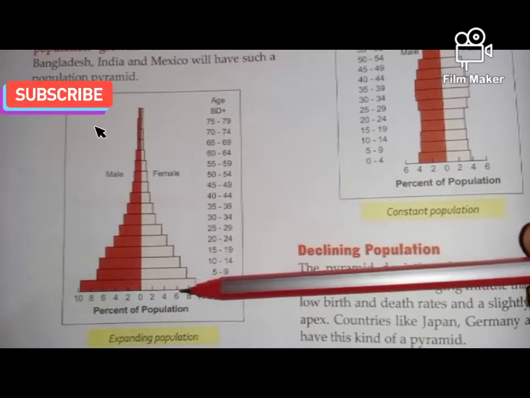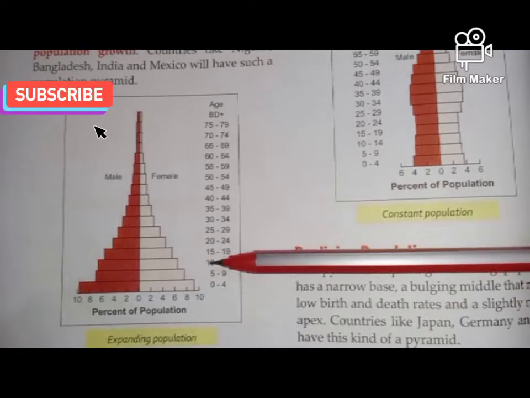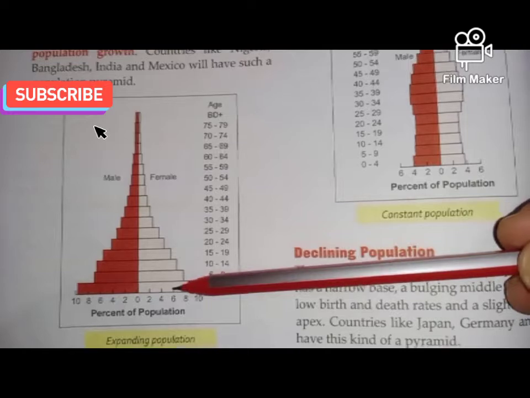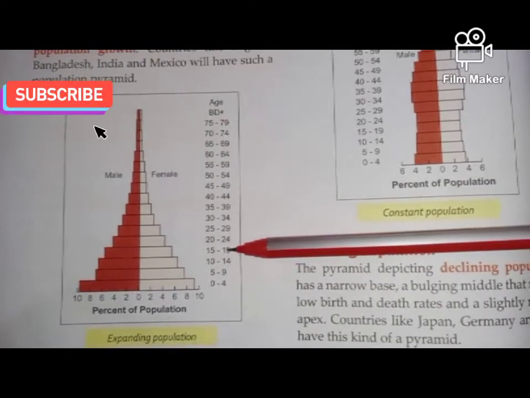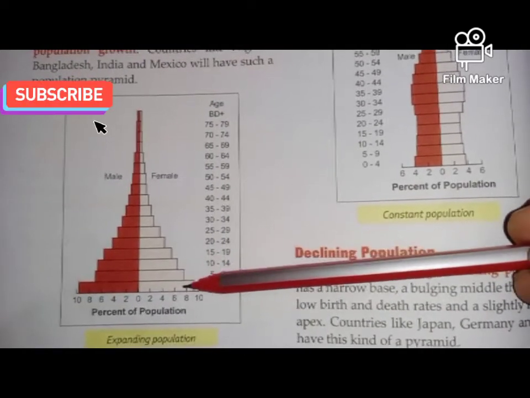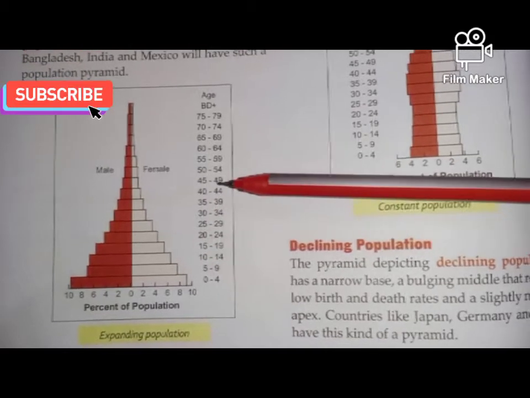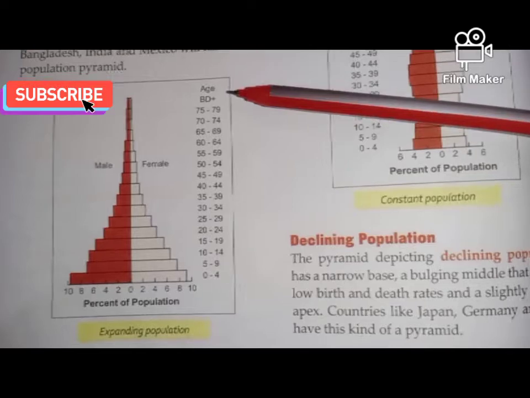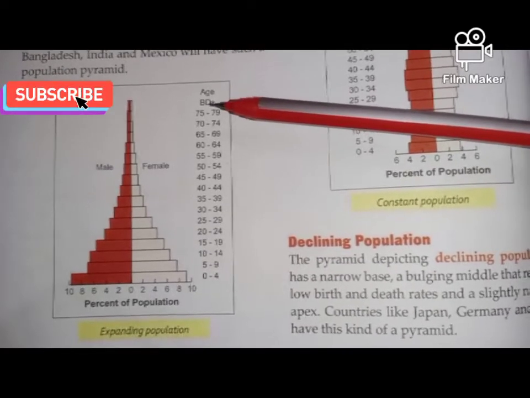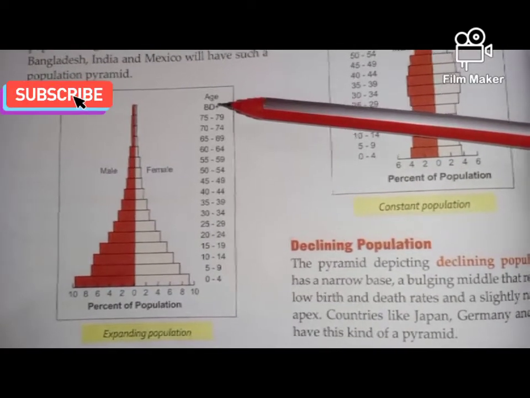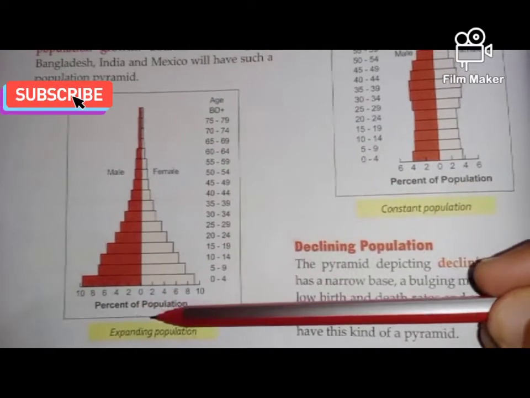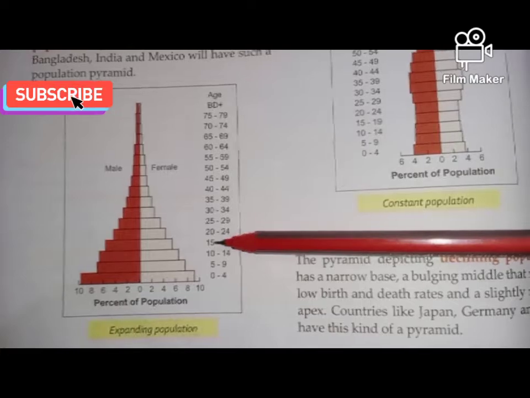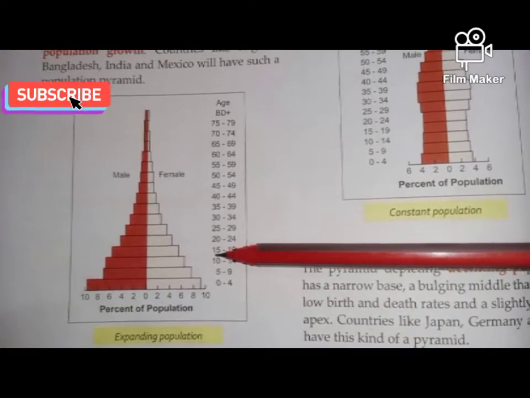This pyramid will suggest at which age group what the proportion of female to male is, and that will give you a detailed idea about the male and female sex ratio in particular age groups altogether, and you will get to know the age groups and the male and female structures of the population.